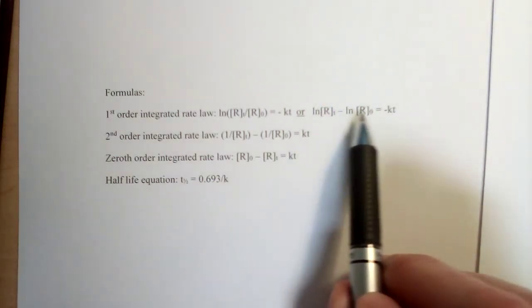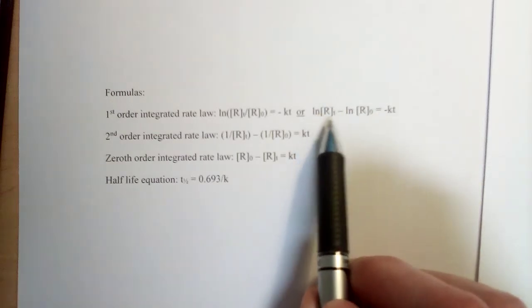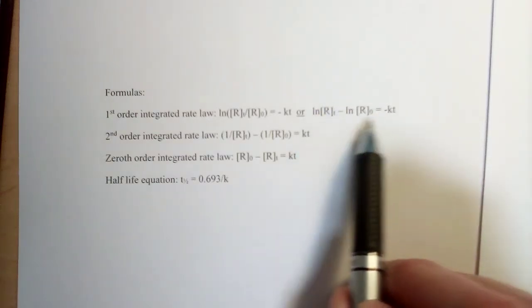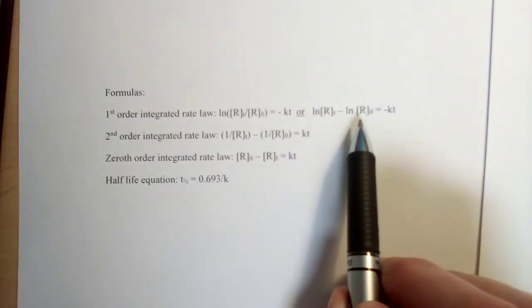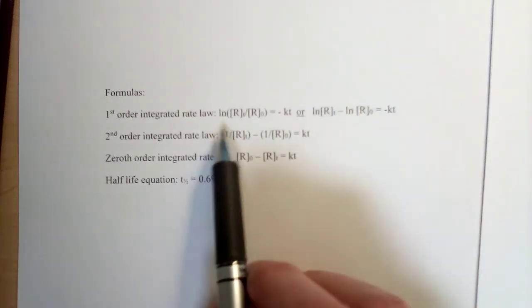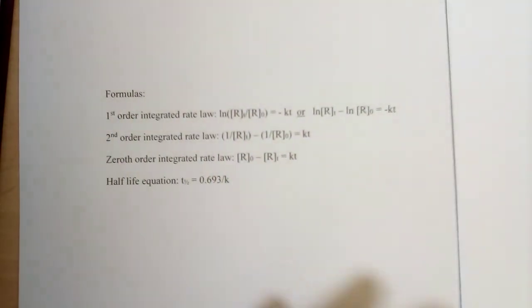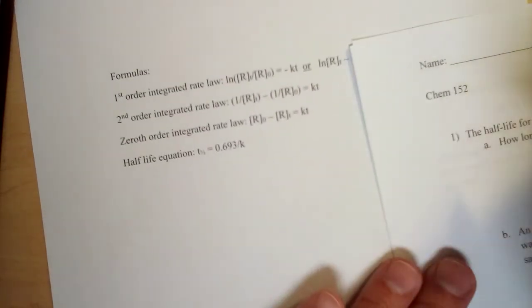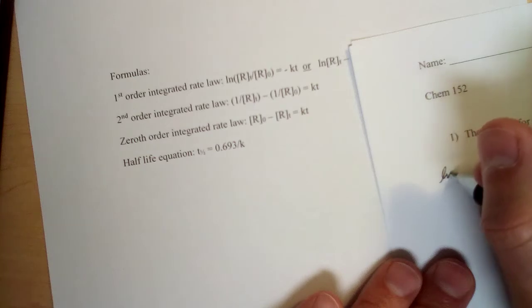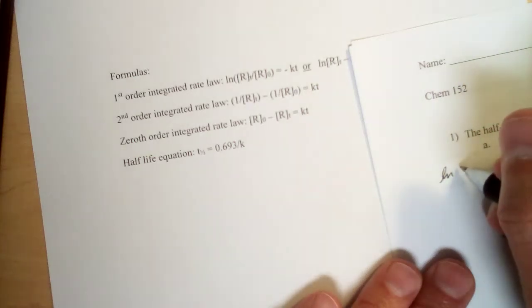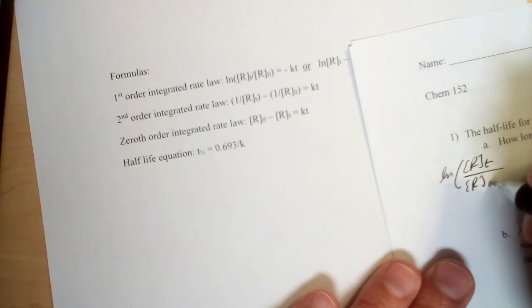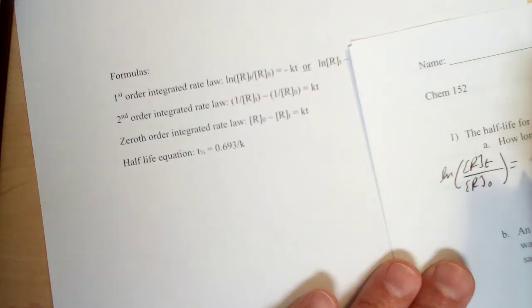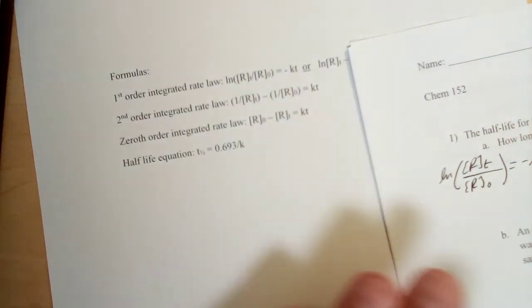If we're trying to solve for the concentration at time t, we might want to use the second version, where the concentrations aren't in the same ratio. But in this case, let me transfer this equation over to our test because that's the one we're going to use. So natural log of the concentration of the reactant at time t over the concentration of the reactant at time 0 is equal to negative kt.